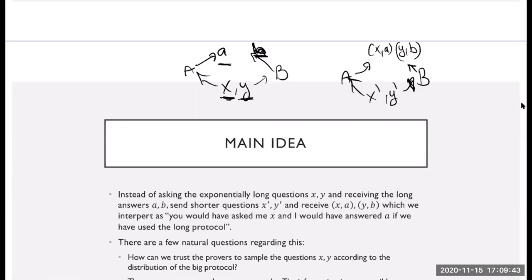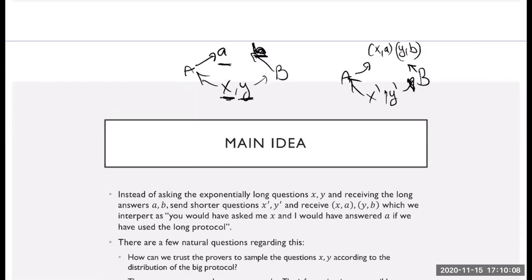This is an important point. So how does he know x from x prime? I'm confused. This is the point where they use very large entanglement. They measure. The original protocol had some question distribution, right? Itai.